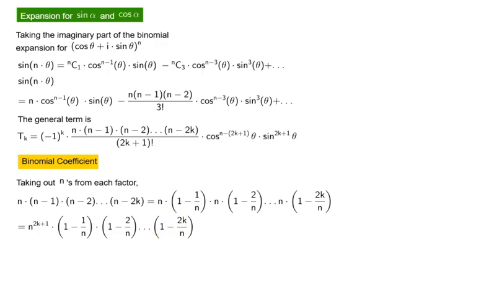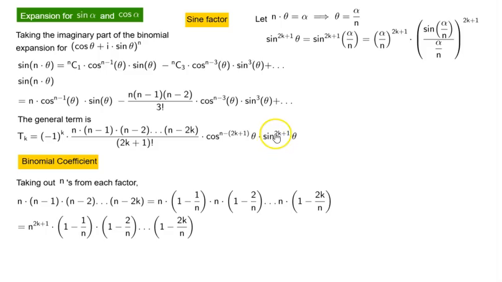Let's look at the sine factor. Let n theta be equal to alpha, which implies theta is equal to alpha by n. So sine to the power of 2k plus 1 theta is equal to, substituting theta equal to alpha by n, sine to the power of 2k plus 1 of alpha by n, which is equal to this expression.